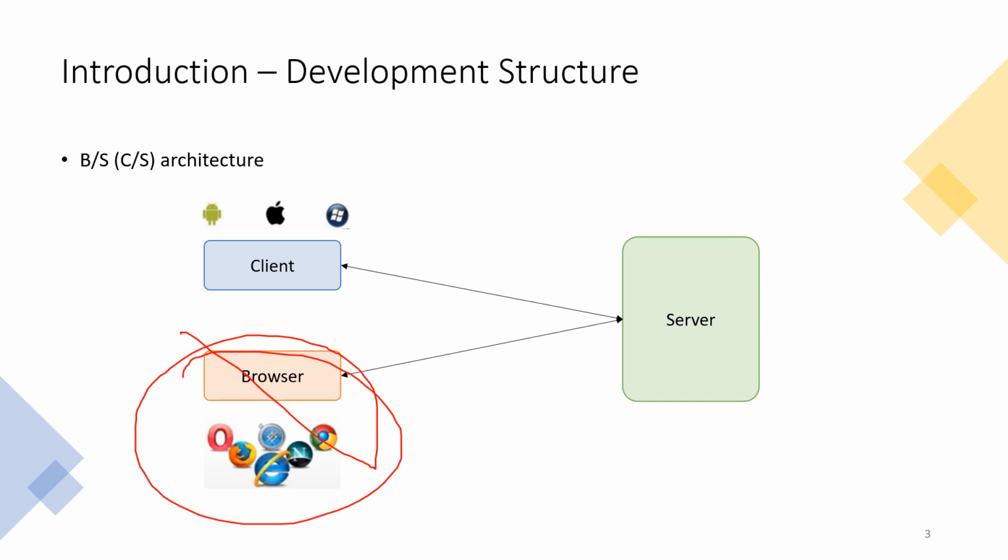So in general, which one do you prefer? Think about it. Now I think it's more convenient to use the client, the mobile applications. But the browser, when we were checking the news, when we are buying the products, we can also use the browser. So both are popular architectures that we use to connect the web.